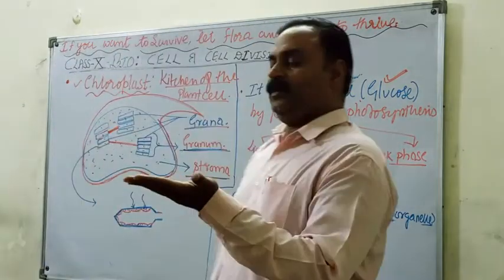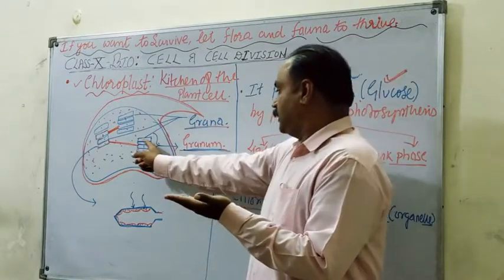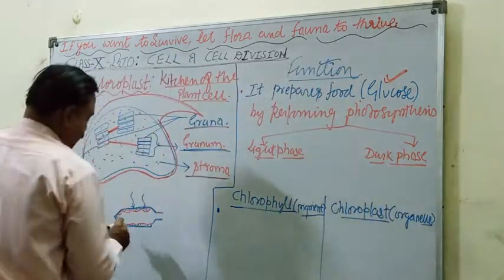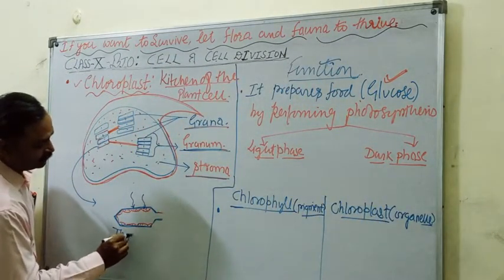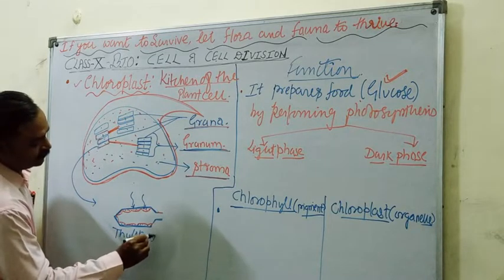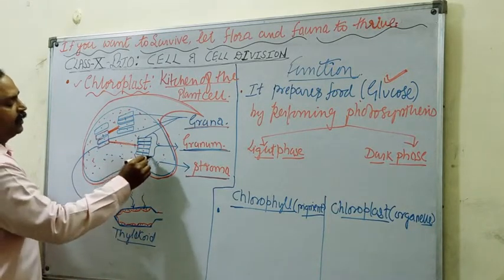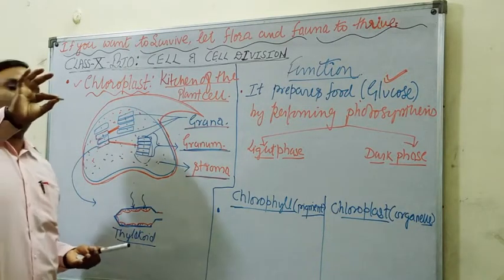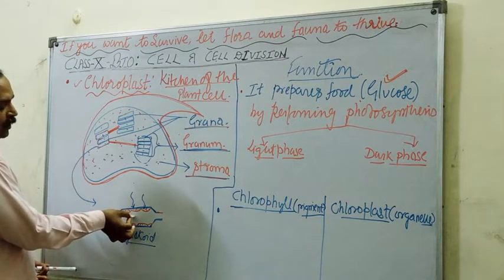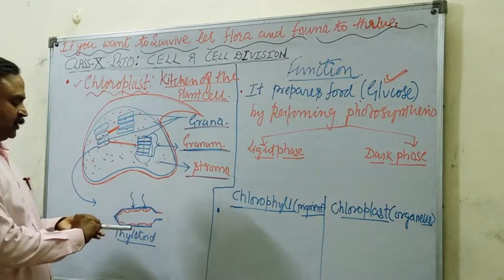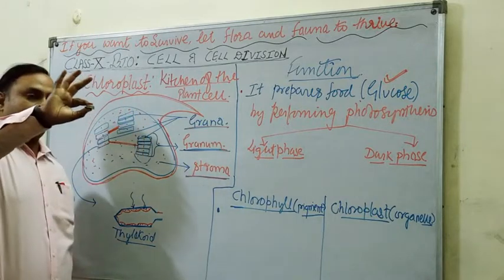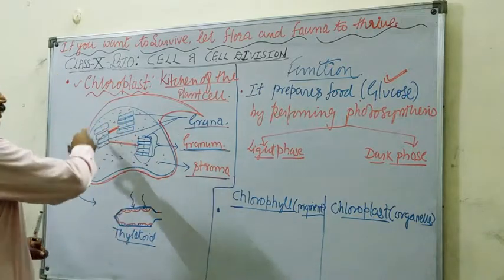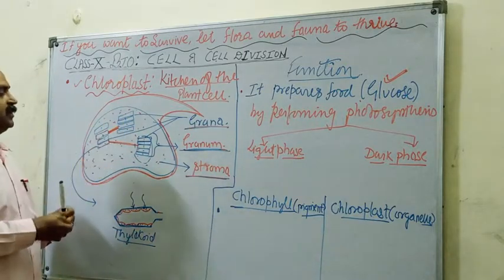One coin-like structure is called a thylakoid, that is here. And one group of thylakoids is called a granum, isn't it? Like this, many are called grana, isn't it?